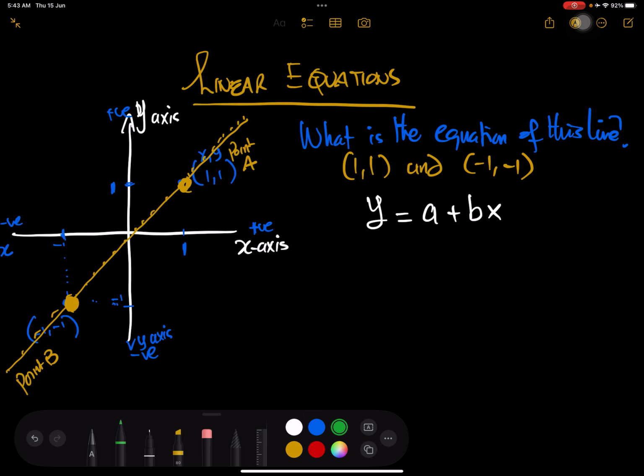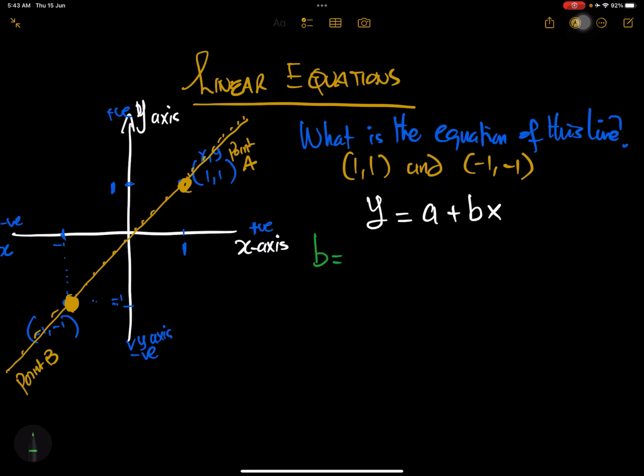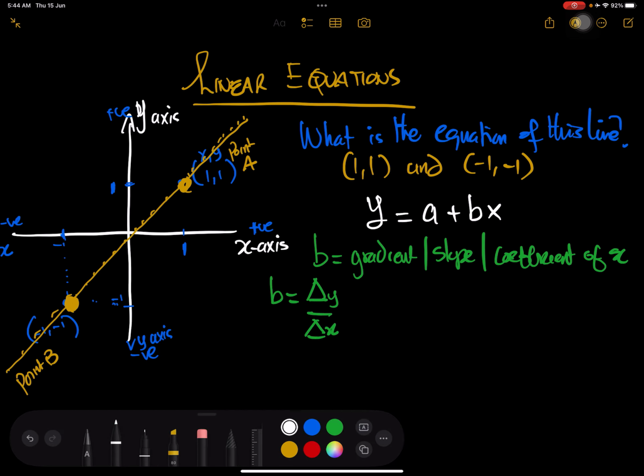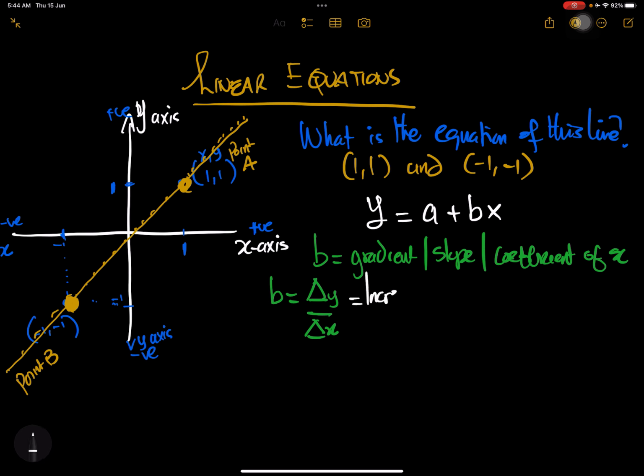We have to find the b, which is the gradient, or the slope, or the coefficient of x. So we know that our b is the change in y over change in x, which is the same as the increase in y over the increase in x.